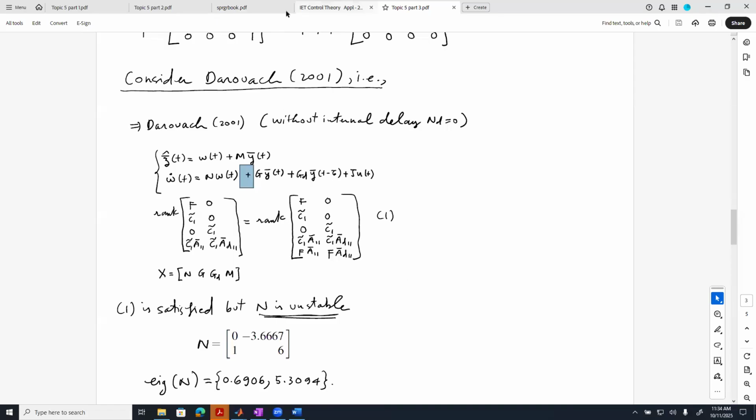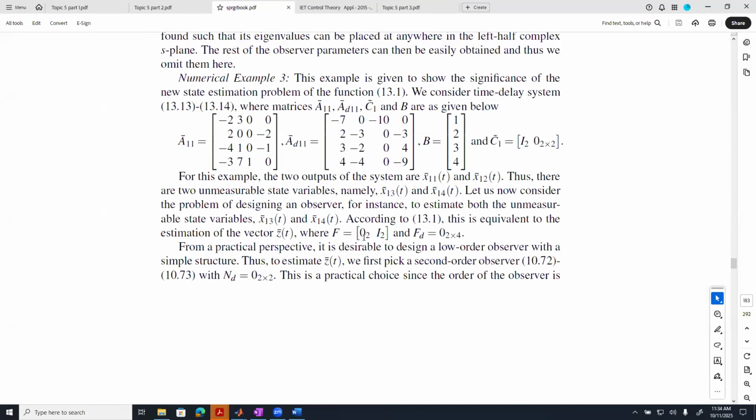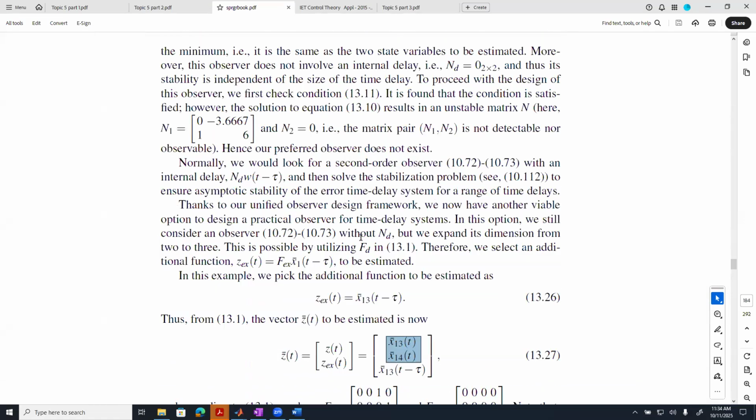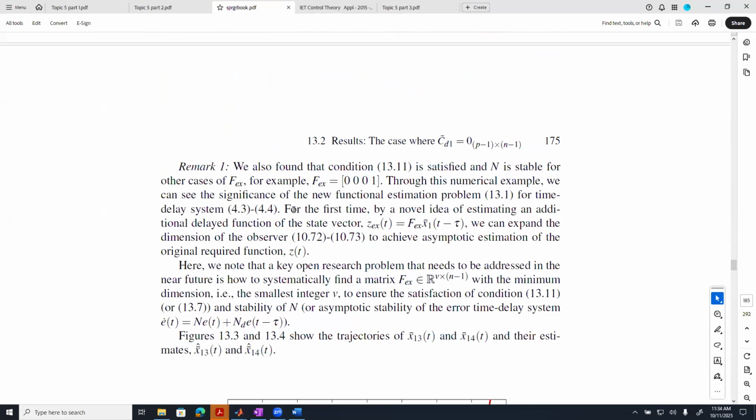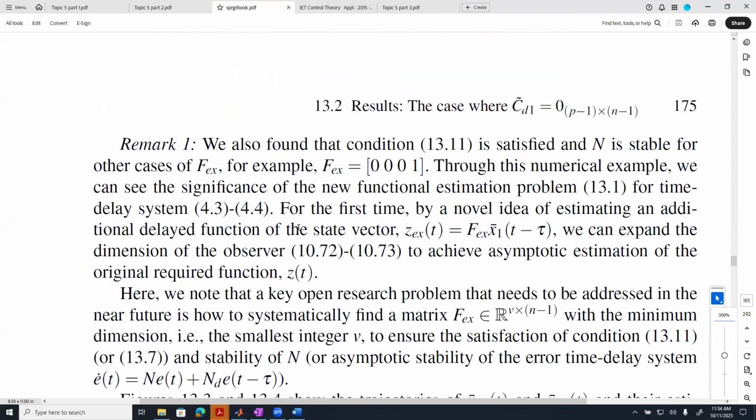Now, the other bit that is also equally important that we would like to mention in here is that we can actually pick another combination and another extra functional.